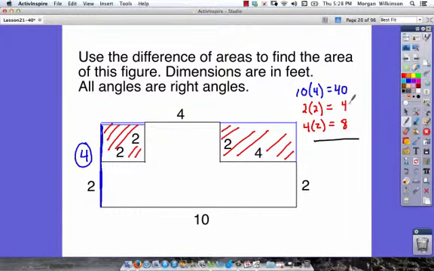Well, we know 40 minus 4, that's 36. And 36 minus 8 is going to give us our answer. 36 minus 8, well, that must be 28. So we've got an answer of 28. This one's in feet, so we're going to put feet to the second power as our label. And we're all done. We found the area as a difference.